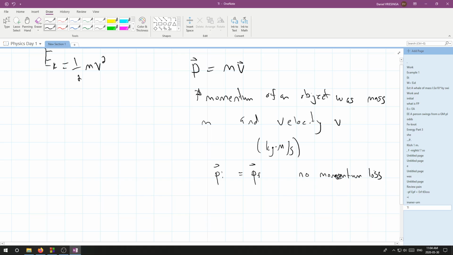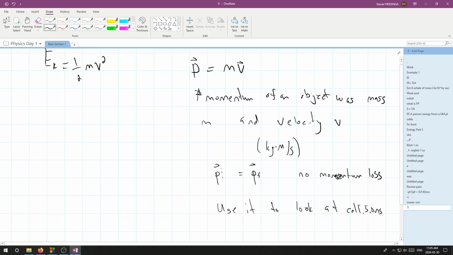You don't get momentum loss like you would in the energy equation. So it's a really nice way to look at collisions. We use it to look at collisions between things, because we don't lose any momentum, so our initial equals our final.